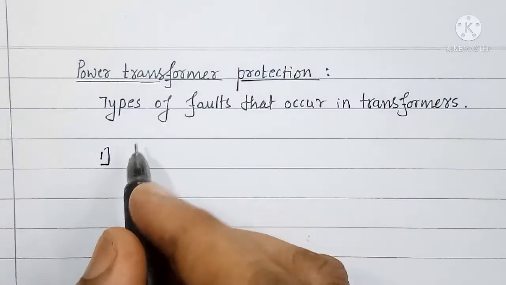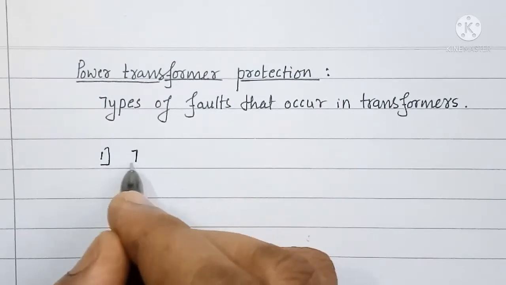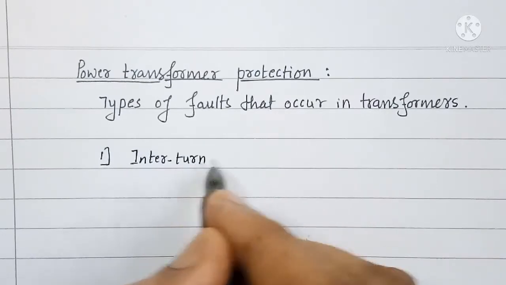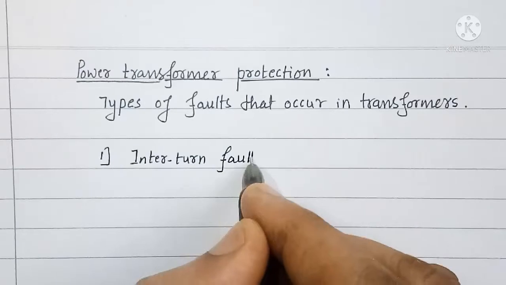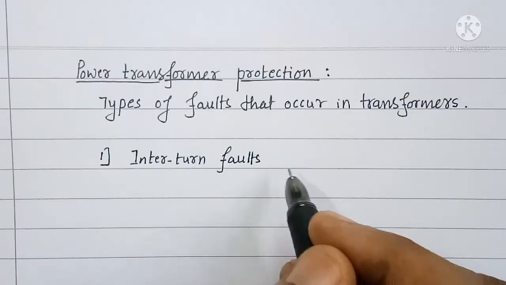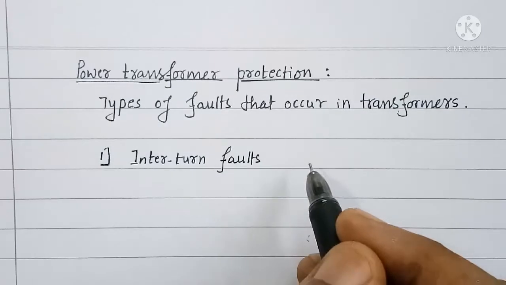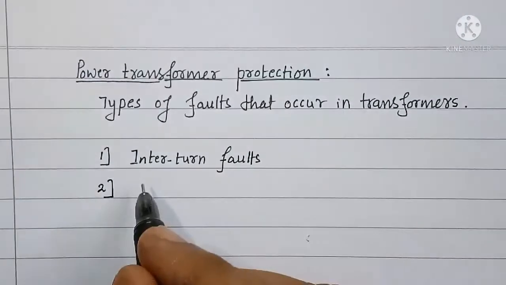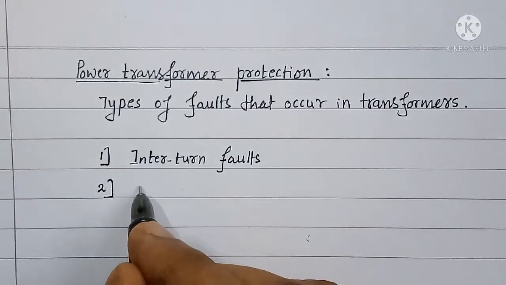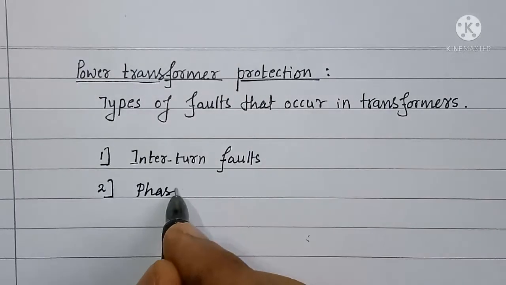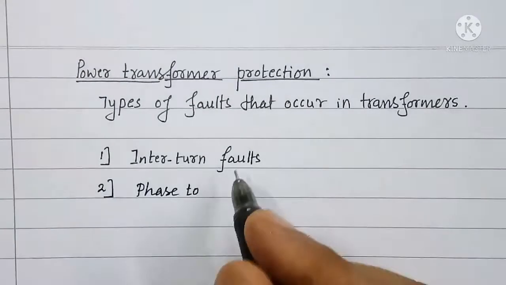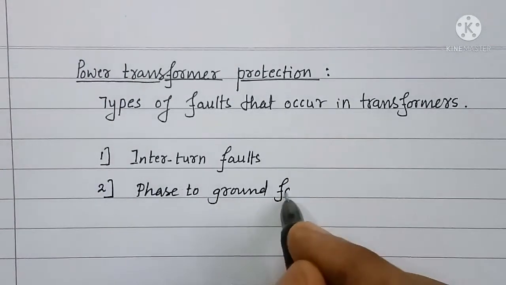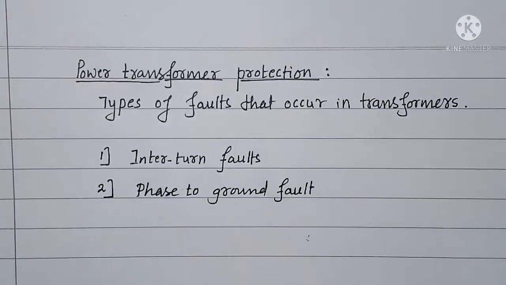First one, inter-turn faults, that is, a fault may occur between turns of the phase winding. Phase to ground fault.